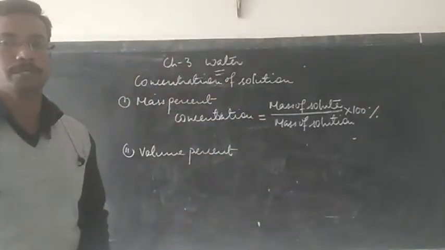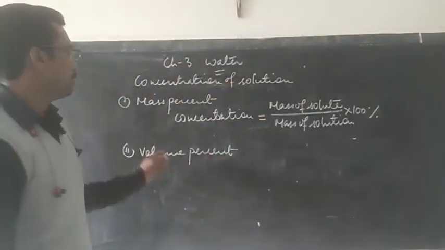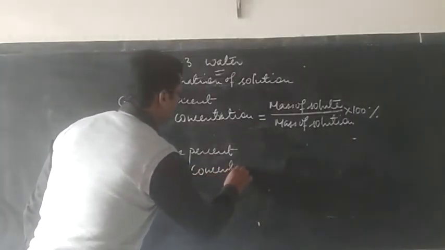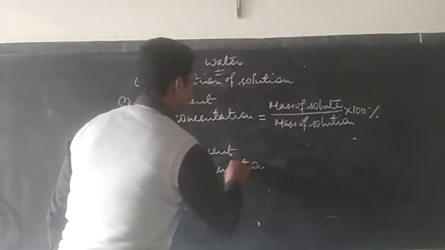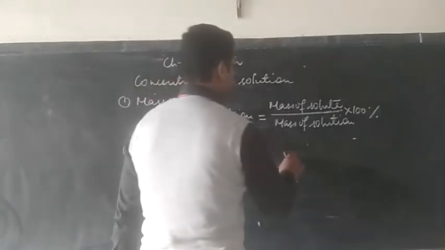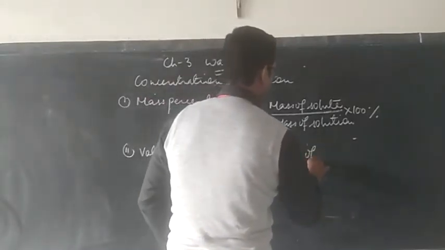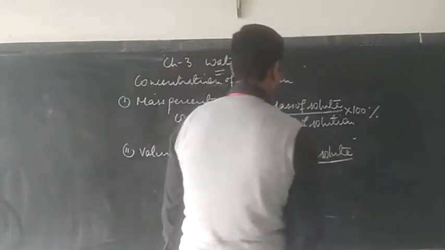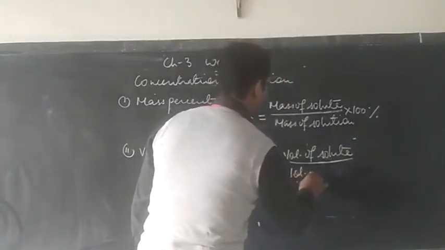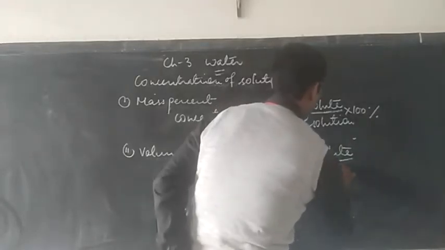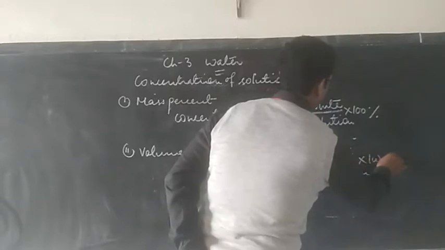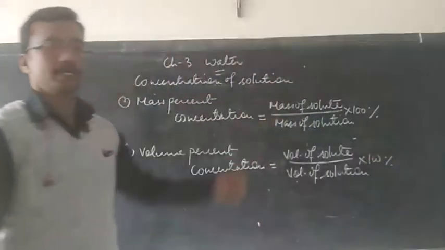So this percent will be the concentration of the solution. Similarly, in terms of volume percent, the concentration is volume of solute divided by volume of solution multiplied by 100. You will get the answer in percentage.